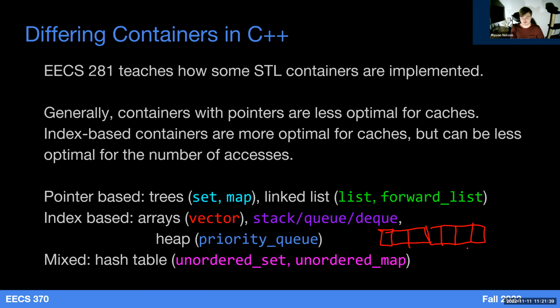And so if we really camp out on a certain bucket for a while, then that could be really good for our cache. Of course, the initial pointer chasing will not be good for our cache. But if we're doing something with our hash tables where we're constantly jumping between different buckets, that could be worse for our cache. And that could probably actually be the worst of all these data structures for our cache if we're doing something like that.